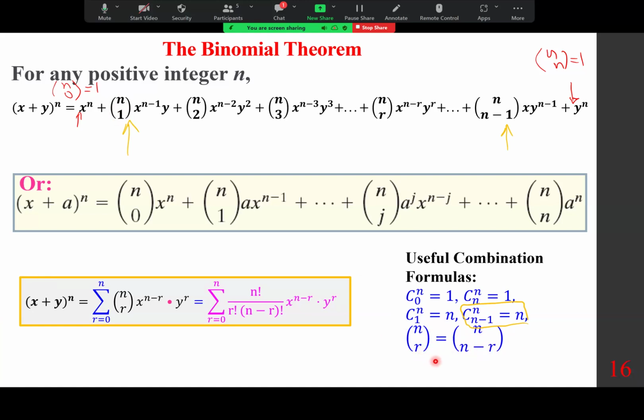Remember, if these two numbers add up to n, their combination is the same. Number 1 and number n minus 1, if you add them up, you get n. What does it mean? If I calculate this, I don't have to calculate this anymore. And the same thing for the next one and the next one. And that will speed up the process of this calculation.